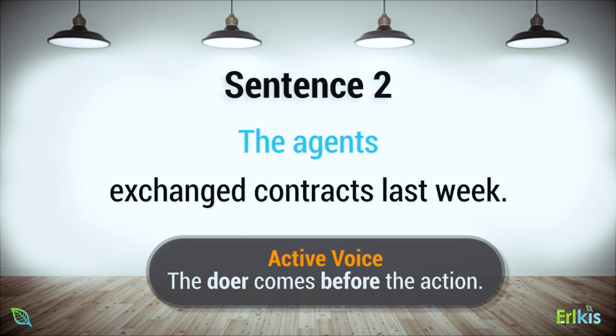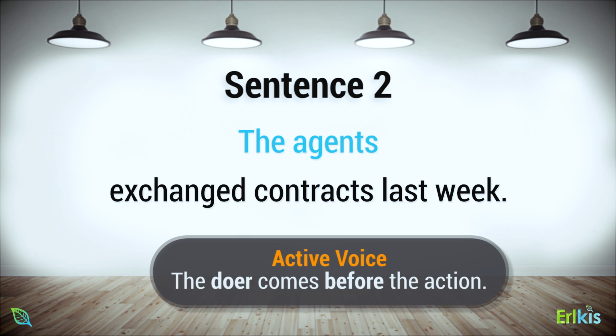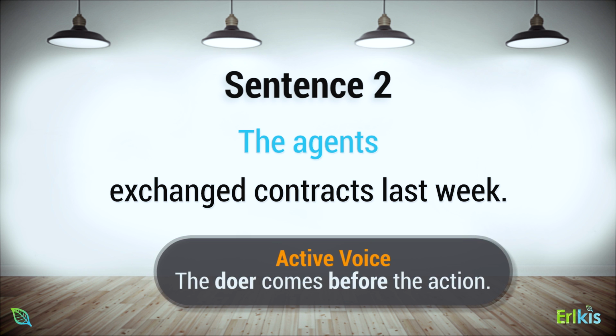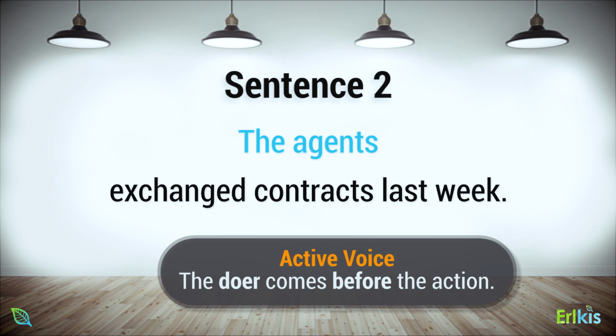The agents exchanged contracts last week. The doer is at the front. We think in the active voice. We plan in the active voice. We naturally speak in the active voice.